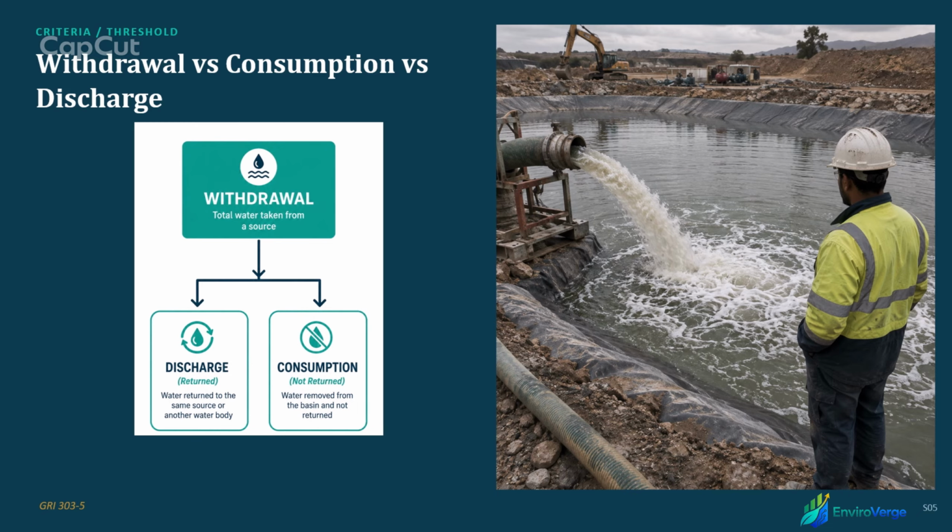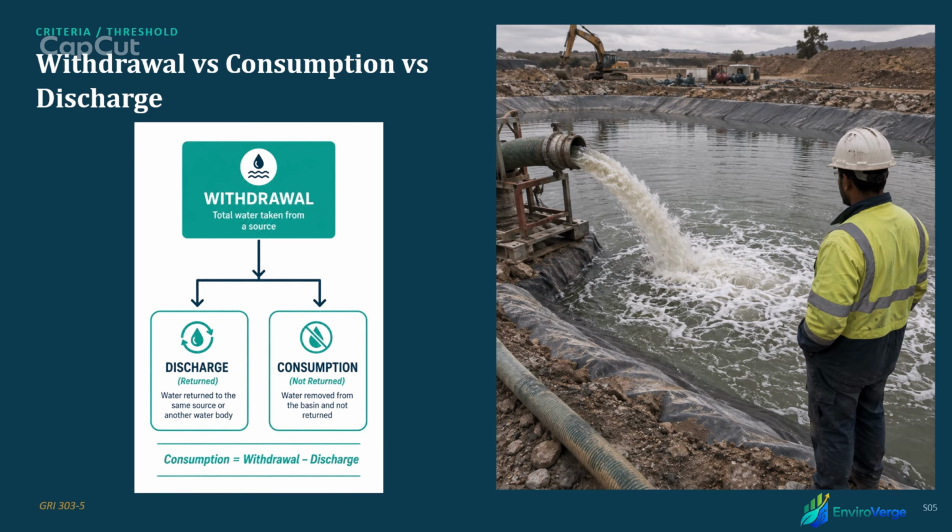Consumption is the not returned portion, evaporated, incorporated into product, or moved to a different watershed entirely. Put those together. Consumption equals withdrawal minus discharge. That's GRI 303-5. Get that equation wrong, and every downstream number, your target, your intensity ratio, your CDP submission, is wrong along with it.